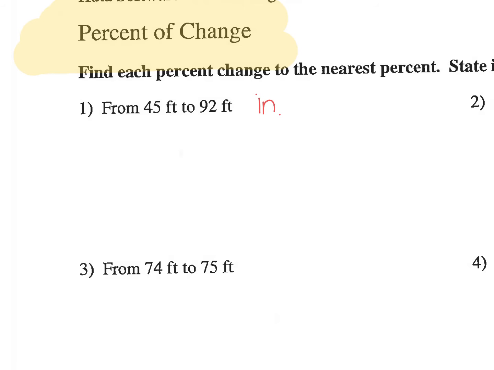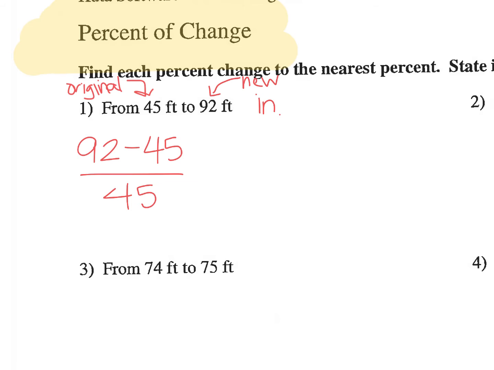So if it's an increase, you take the new number and subtract the original number. Let's label it just on this one. This would be my original, which means that's what I'm starting with. And then the second one is the new number. So we're taking 92 minus 45, and then we're going to divide it by the original, which is 45.